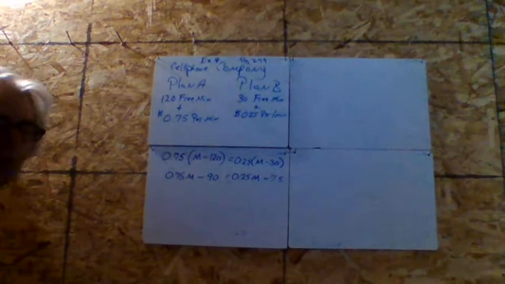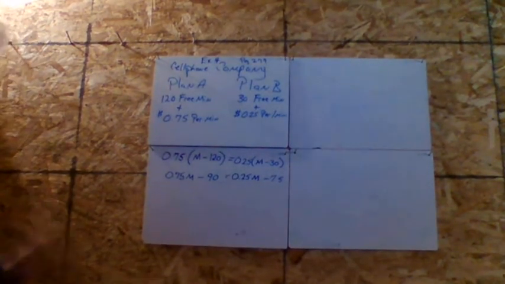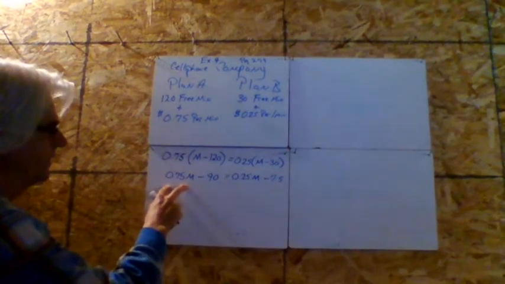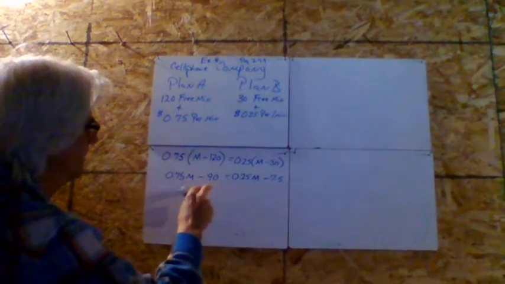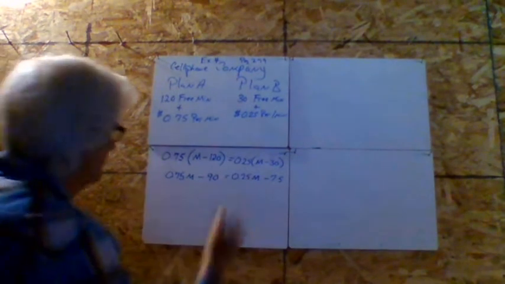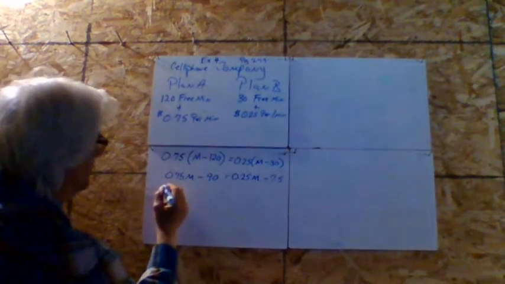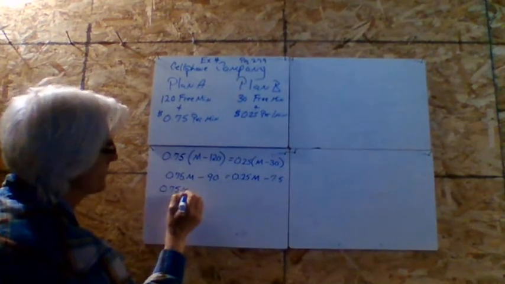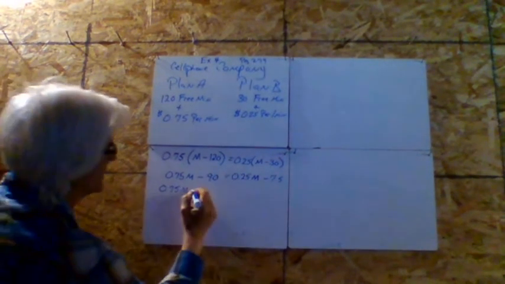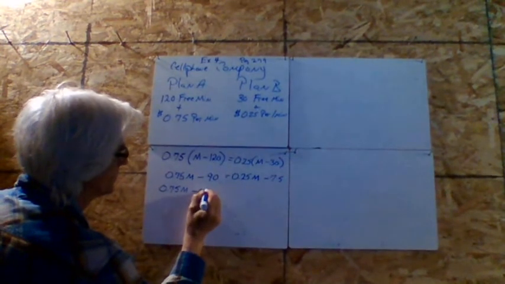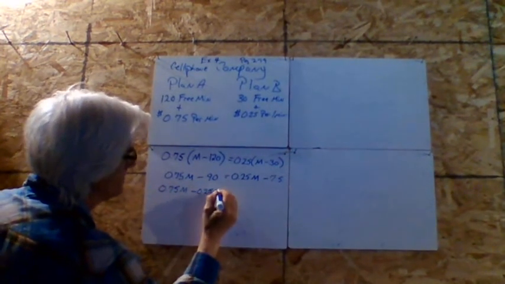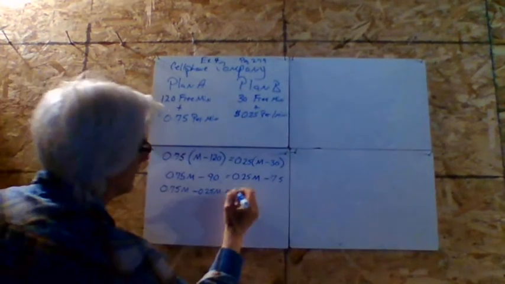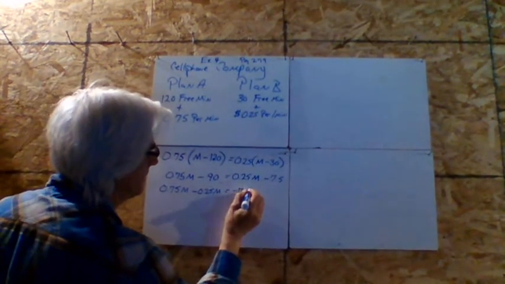Now that I have it without the parentheses on it, I'm going to start moving it around again. And again, all I'm going to do is get my m's over on this side, on my left, and I'm going to put my constants over on the right. So I'm going to have 0.75 m. When I move this one over, it'll be a minus 0.25 m. And here I already have the minus 7.5.